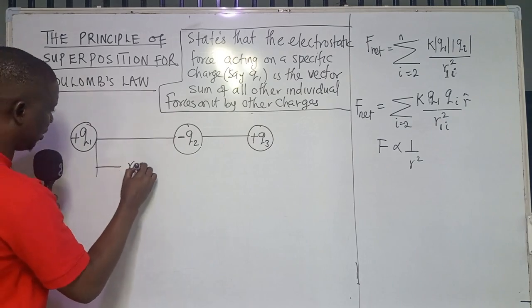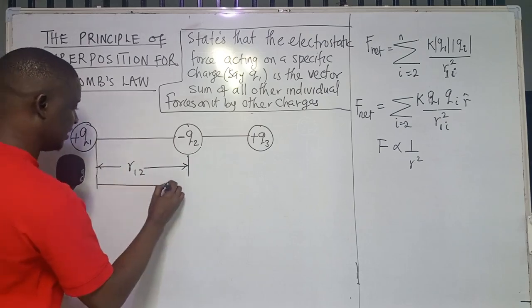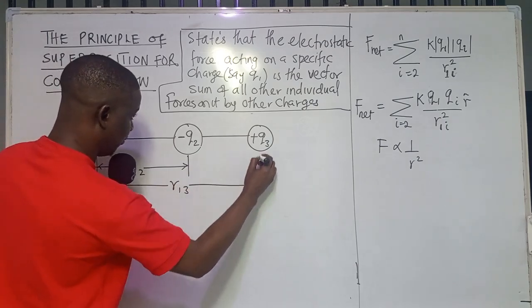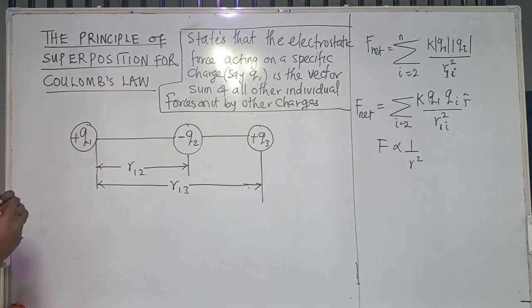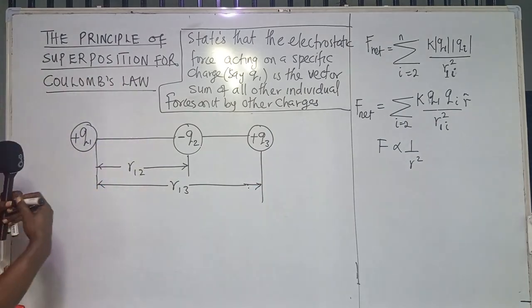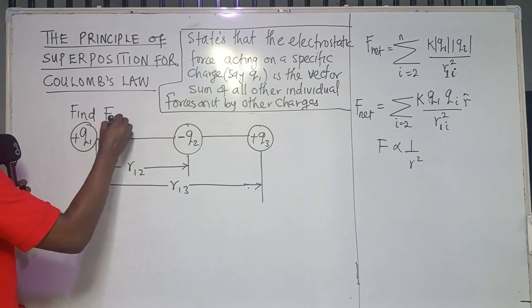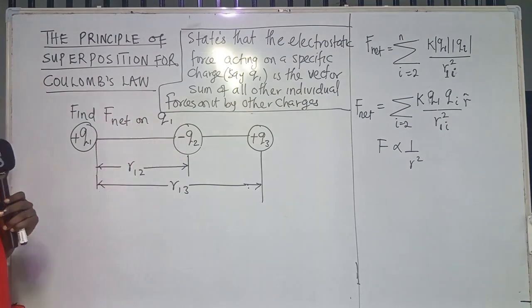So this one is R12 from here. Then this is R13 from the Q3. Now, having known this is a system, we want to calculate, they say, find the net force on Q1. We want to find the net force on Q1.